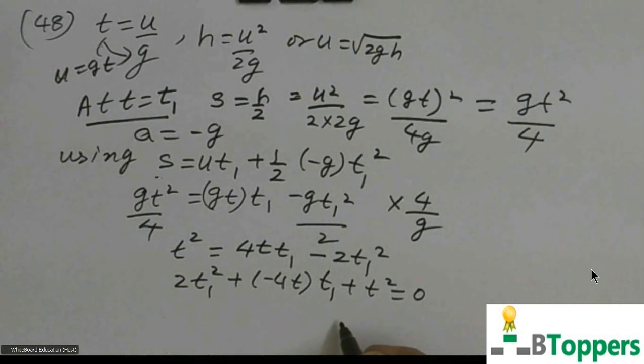We can use the solution of the quadratic equation, as you must be knowing. Or you can also try to solve it by factorization method, by writing minus 4t t1 as minus 2t1 and minus 2t1.